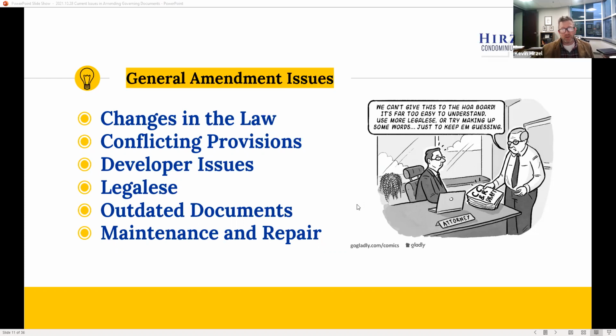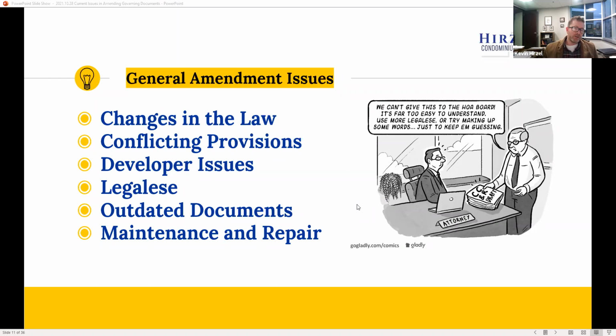Changes in the law, I mentioned, depending upon how old your documents are, you're going to want to capture the changes in the law, whether they're dealing with substantive issues like satellite dishes that I mentioned, or Fair Housing Act issues related to disability, reasonable accommodations for animals, or those types of things. Or you can have changes in efficiency. For example, the Nonprofit Corporation Act.